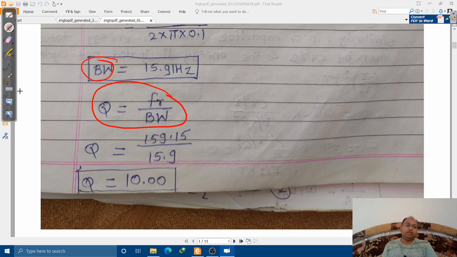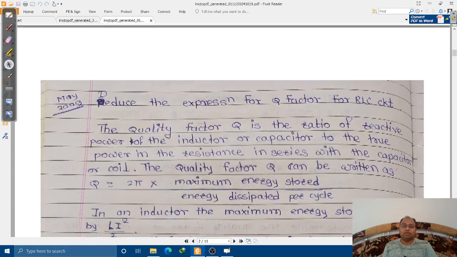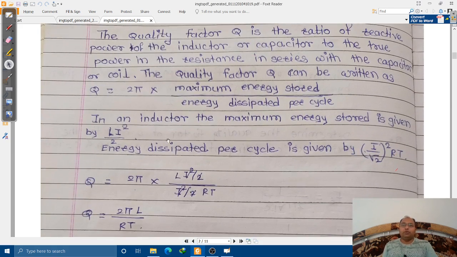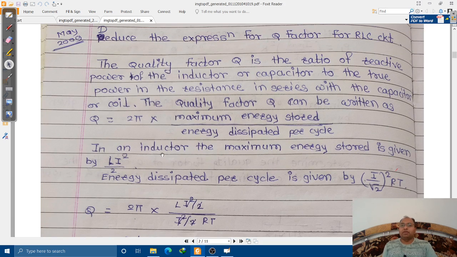Now let us go for the next point. Let us go for quality factor first. Now we are going to derive the equation for quality factor Q. Deduce means derive the expression for quality factor Q. So what is quality factor? Quality factor Q is a ratio.